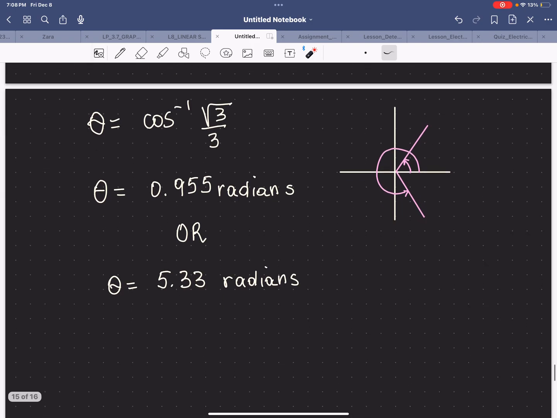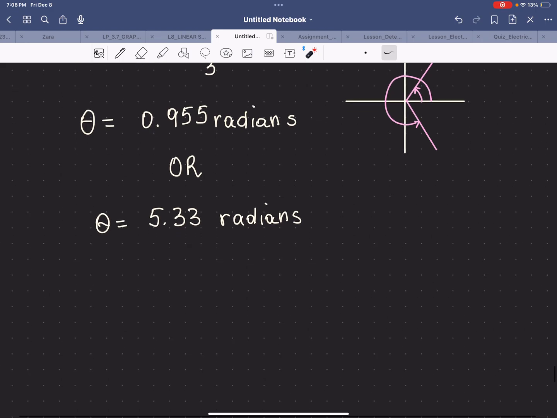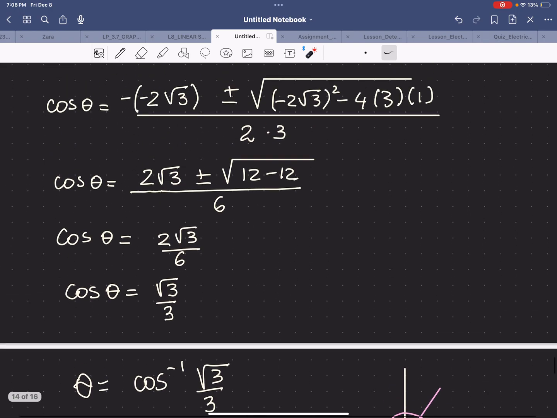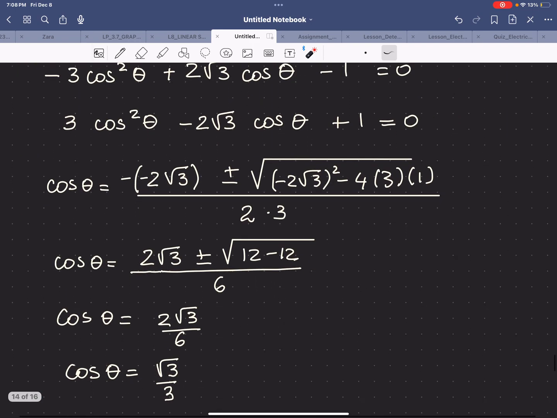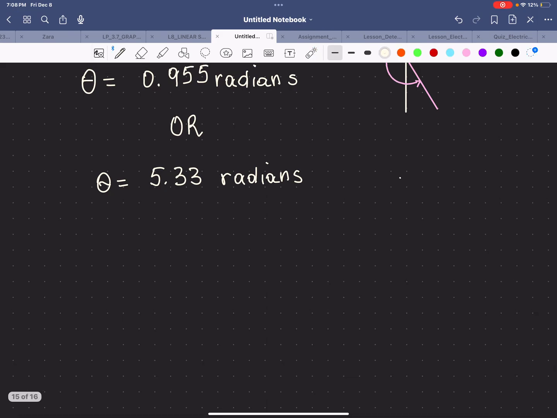5.33 radians. Now, here is a short little story that I'm going to tell you right now. Remember how we came this far? In order to solve for angle theta, we had to square both sides of the equation. And rightfully so, we said that if you apply the same transformations to both sides of the equation, you create an equation with the same solutions. And remember that when we solved equations such as, for example, let's say x equals 2.